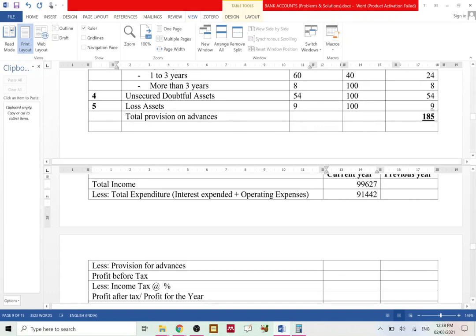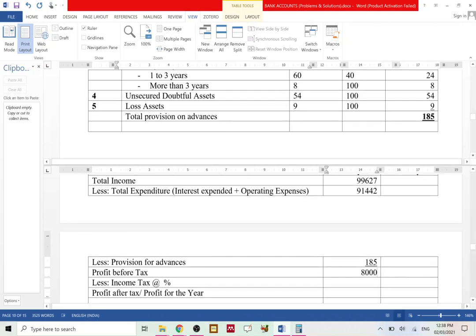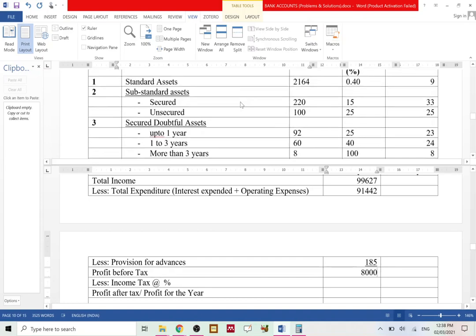So if you minus all this from 99,627 minus 91,442 minus 185, the profit before tax you get is 8,000. Okay, so before any tax is calculated, by taking account all these expenses, we get profit before tax 8,000.